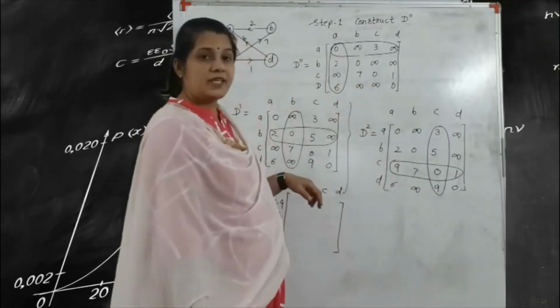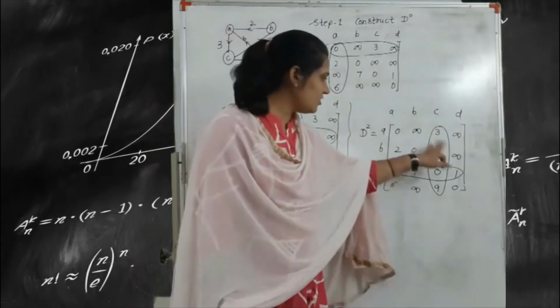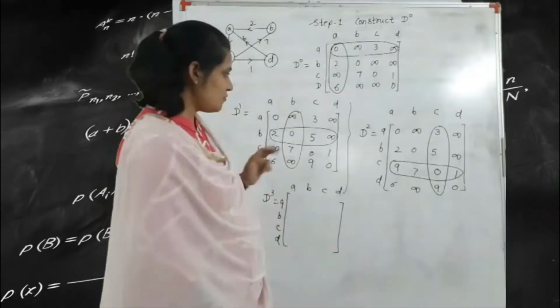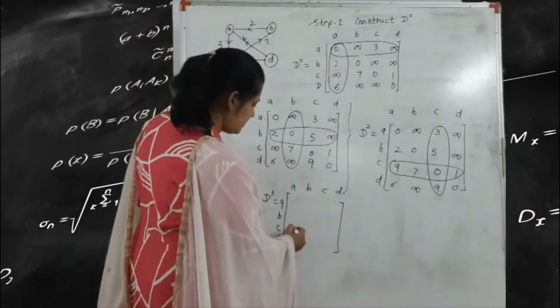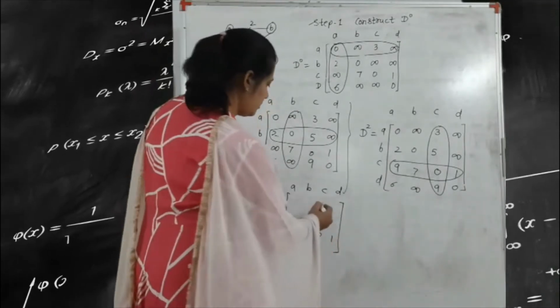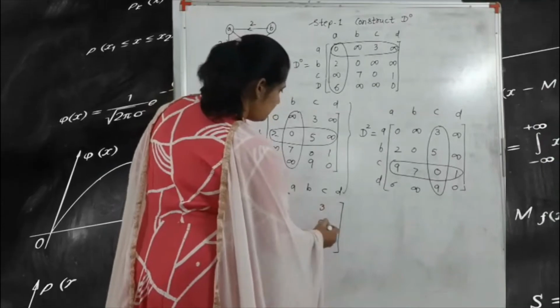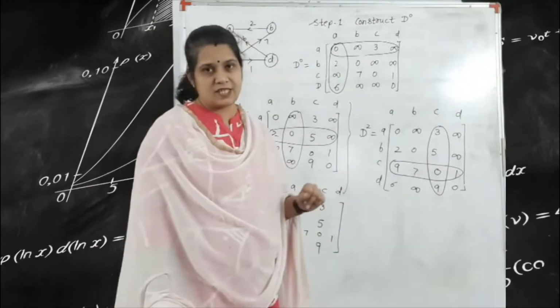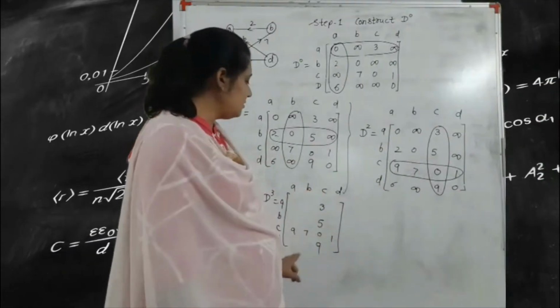See here carefully, in the third row and third column there is no infinite sign. So first you write the third row, 9, 7, 0, 1, and the third column is 3, 5, 0, and 9. With the help of this, we find all these elements.